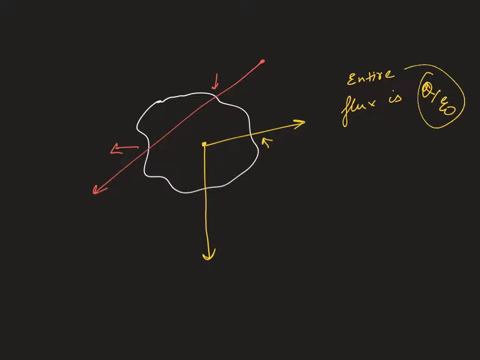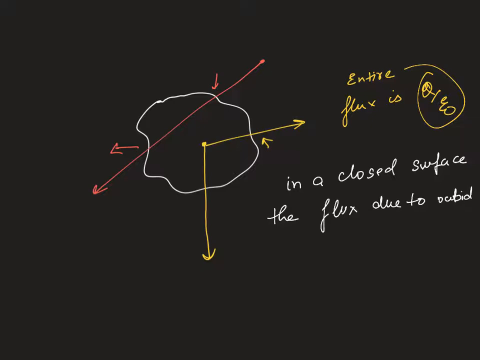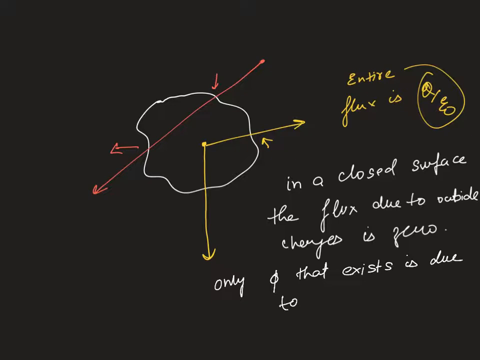So we understand one point here, and that point is very important. That is, in a closed surface, the flux due to outside charges is 0, and the only flux that exists is due to enclosed or inside charges.